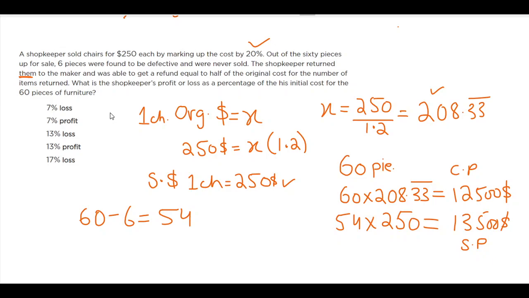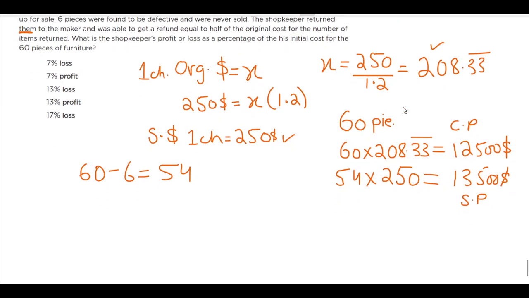So if 6 were returned and each cost 208.33 with a repeating pattern, let's multiply it by 6. 250 divided by 1.2 gives me a crazy fraction, multiplied by 6.